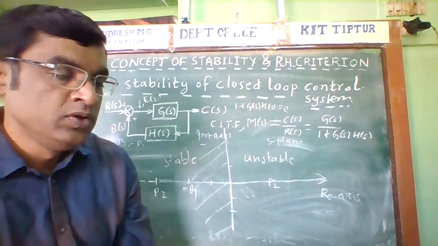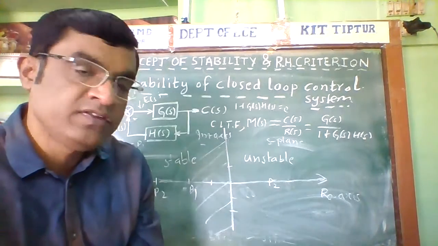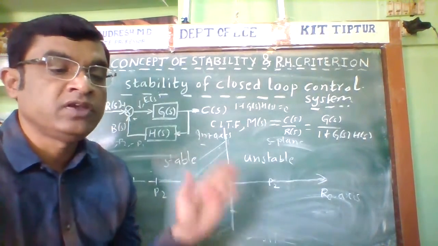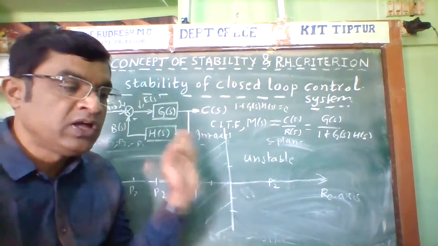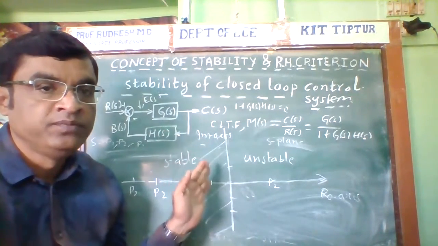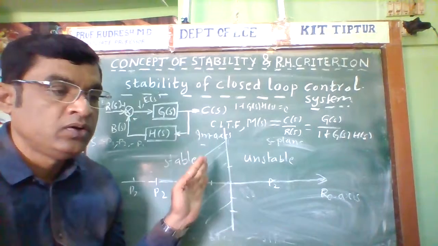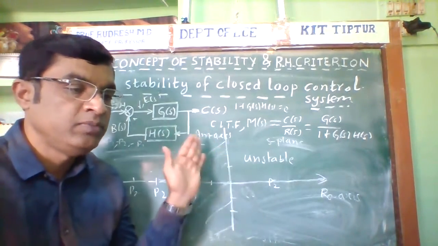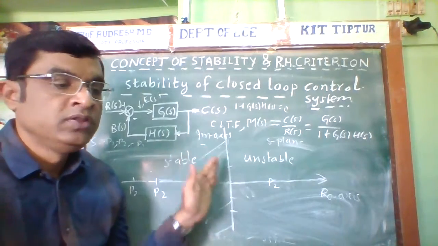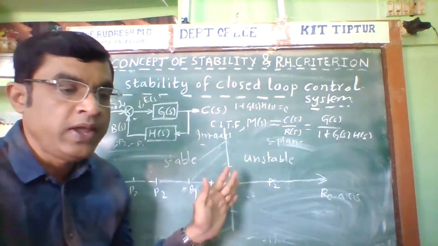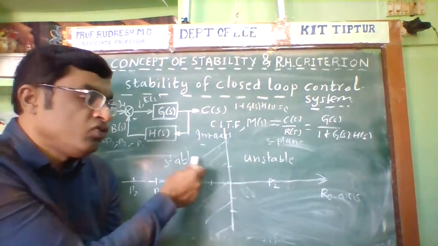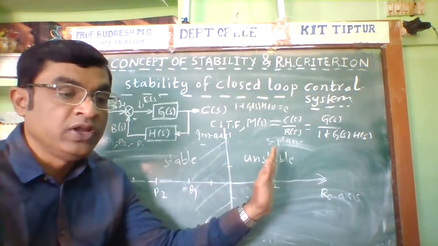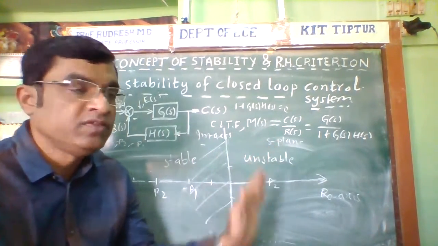The mathematical condition to analyze the stability of the control system is: the control system is said to be stable if all the roots of the characteristic equation are negative real numbers, or complex numbers with negative real parts.